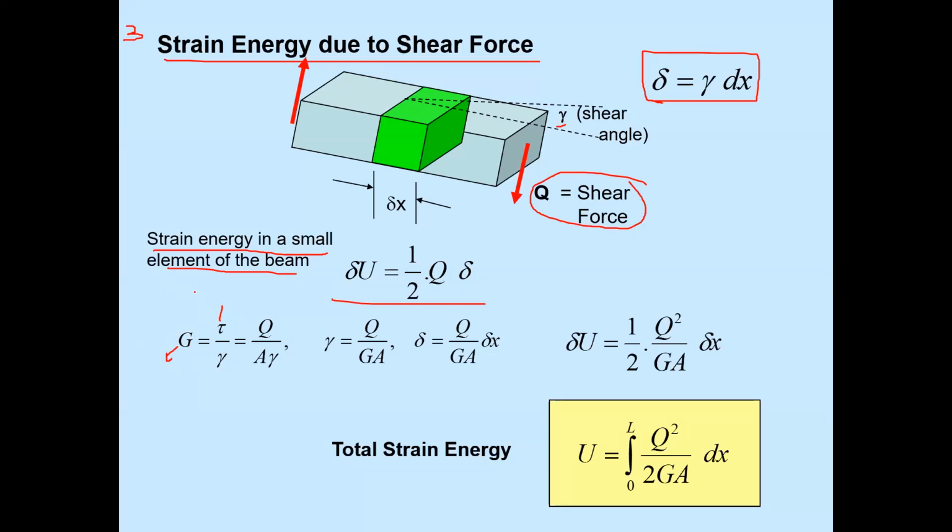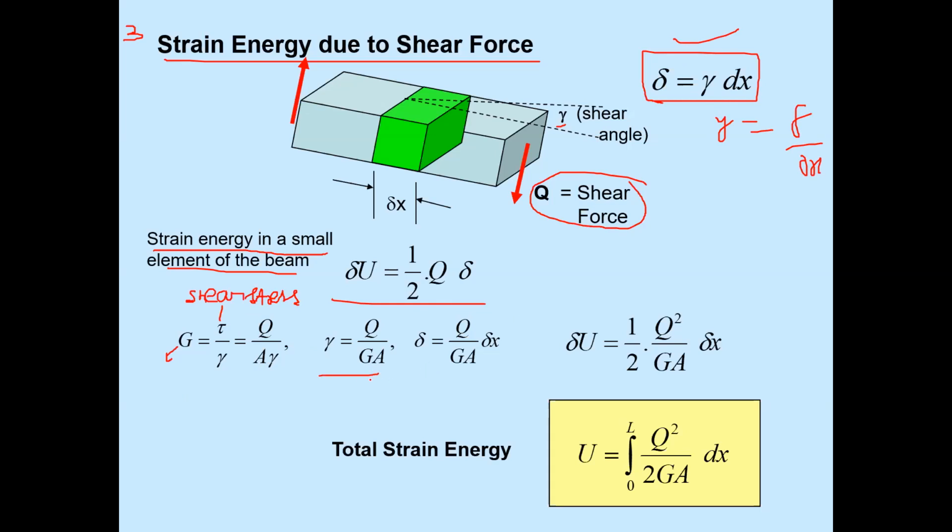Tau is shear stress, and shear stress is equal to shear force upon area, so Q by A. So we need to figure out the value of gamma, that will be equal to Q upon GA. And gamma is equal to delta upon dx.